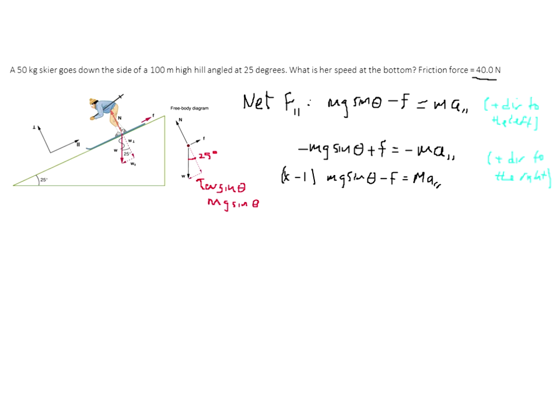Ultimately, we could have not recognized the direction. Let's say we didn't know what the direction of the acceleration was going to be. We could leave this negative sign, and then at the end, we would just get a negative for the acceleration, and then we'd recognize, oh, we said positive was to the right.